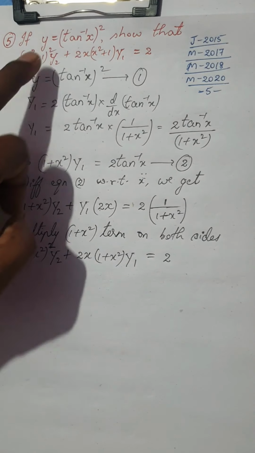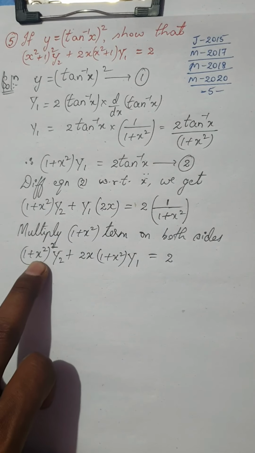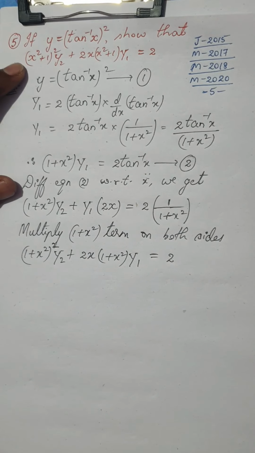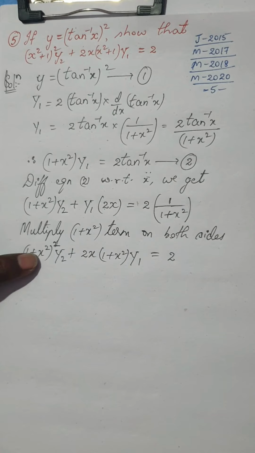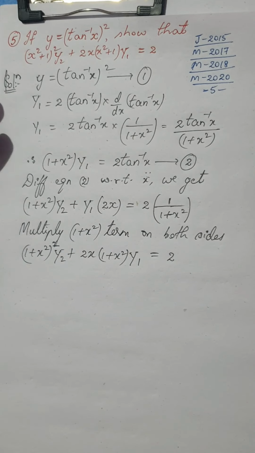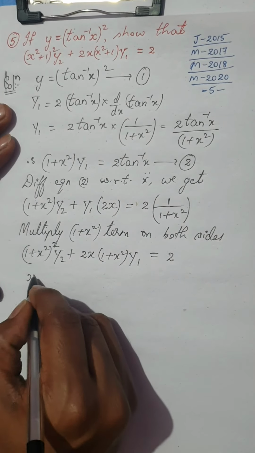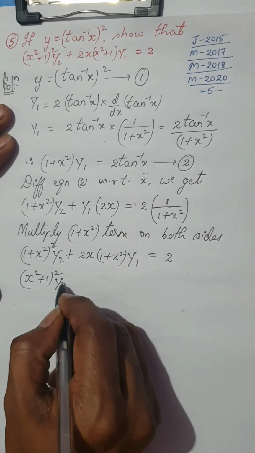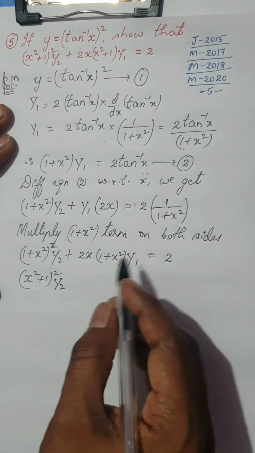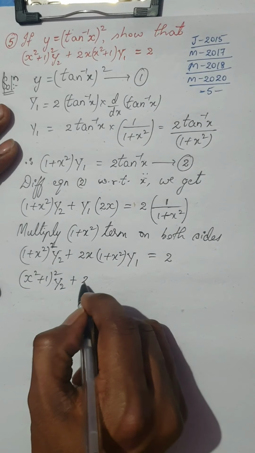So you can look at it clearly. This is what I'm supposed to prove. If you are wondering whether I can write 1 plus x square because I have x square plus 1, if you are so worried about it, you can change it as x square plus 1 whole square into y2. Even if you keep it as it is, you are going to get 5 marks, no doubt about it.